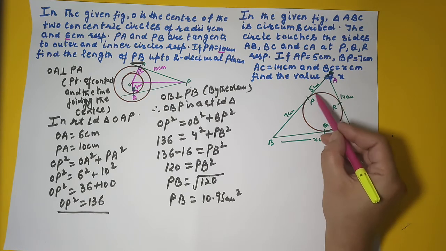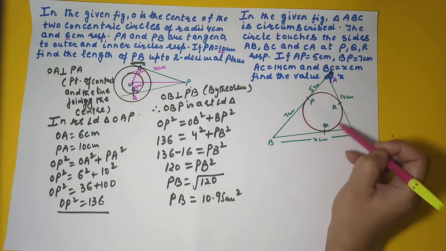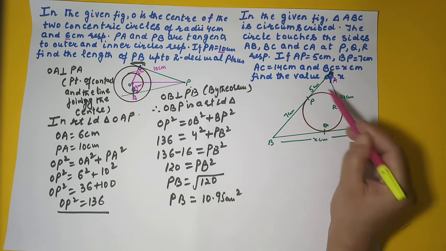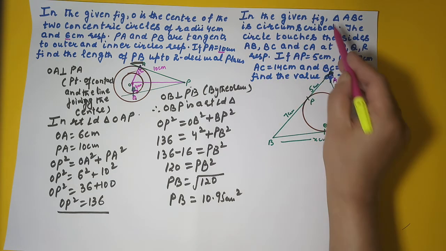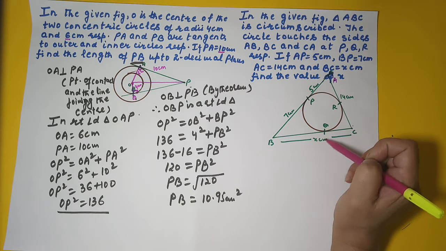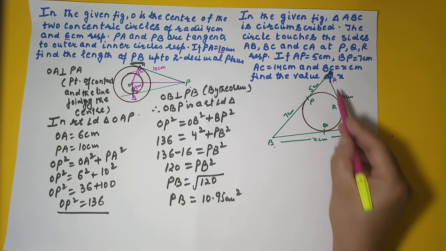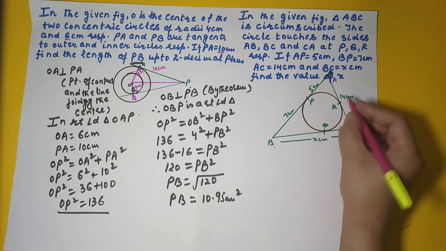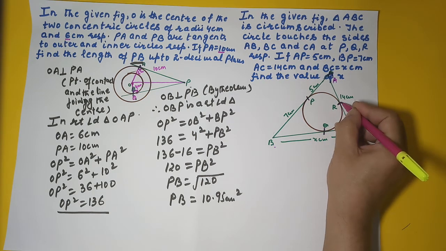In fact, the circle is inscribed inside the triangle. So, triangle is circumscribing the circle, in which AB, BC and CA are the 3 tangents to the circle, and the points of contacts are P, Q and R.